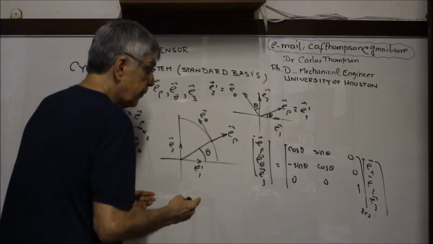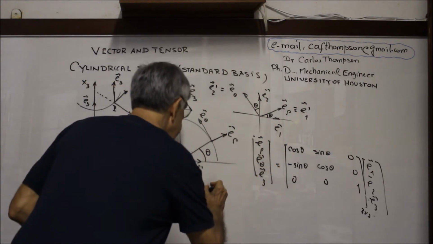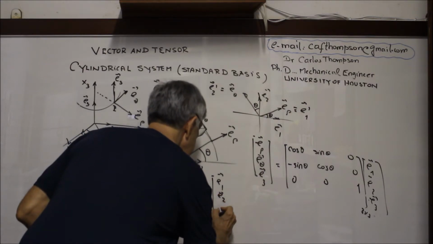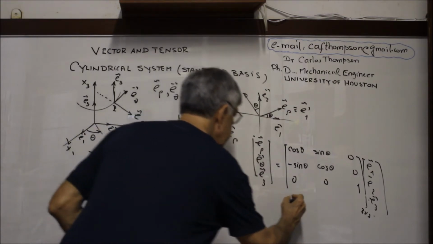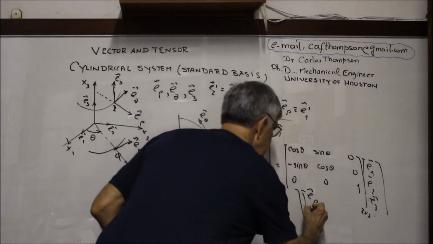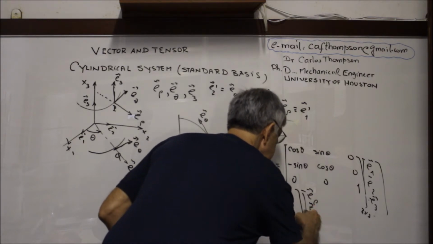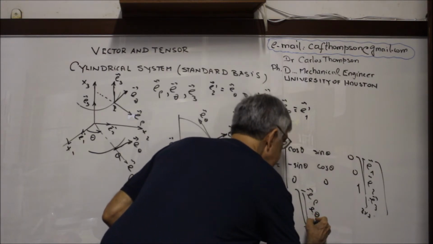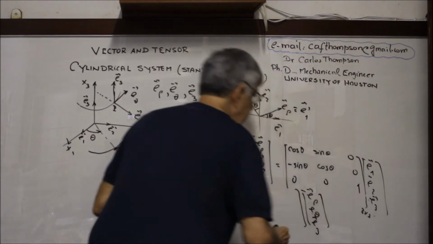If I want the opposite, let's put E1, E2, E3 here, that's a matrix here, and E rho, E theta, and in this case E3.